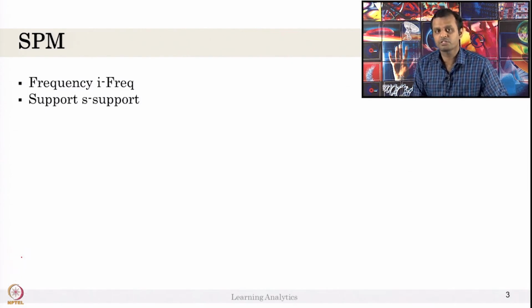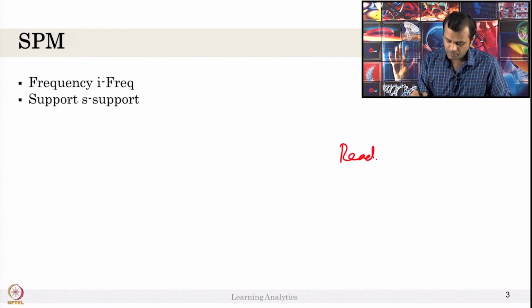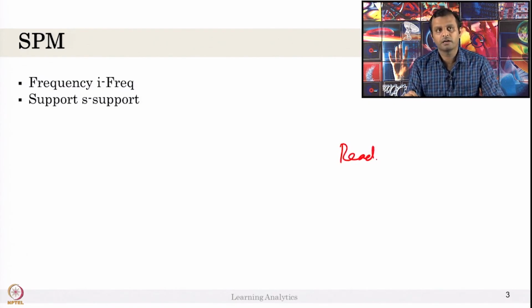Consider you have 60 students and you identified patterns. The patterns can be just a single action. There might be an action called read. A single, unary action also can be a pattern.